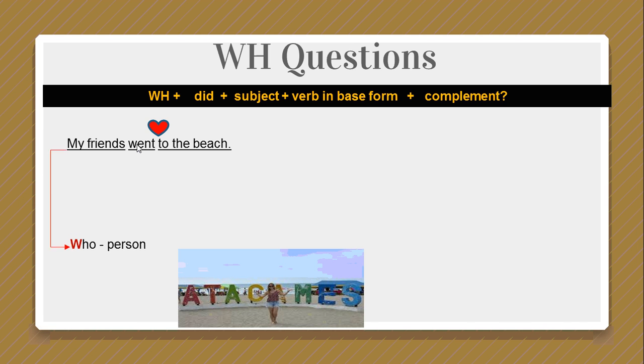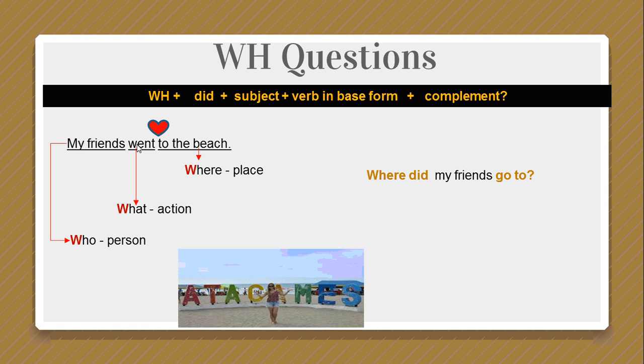My friends, who; what for the action; to the beach is a place, so where for the place. We have 2 object questions and 1 subject question. Where did my friends go to? My friends went to the beach. What did my friends do? My friends went to the beach.